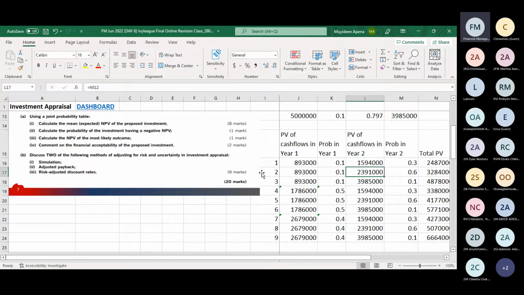It may be that year 2 value is not 1,594, but 2,391,000. That's another possibility. So you are going to look at different possibilities, and that's why repetition is happening here. And you can see when year 1 changes to 1,786,000, year 2 also keeps changing. Can you see?